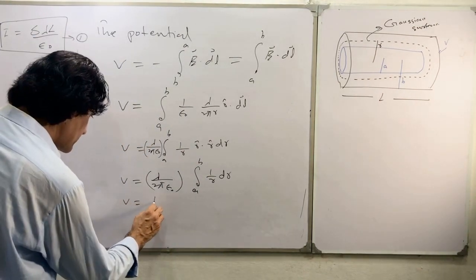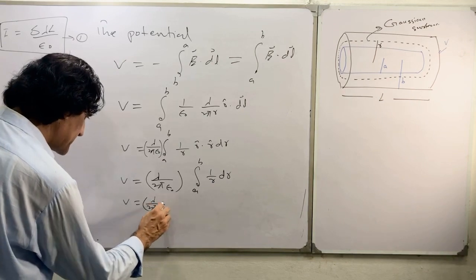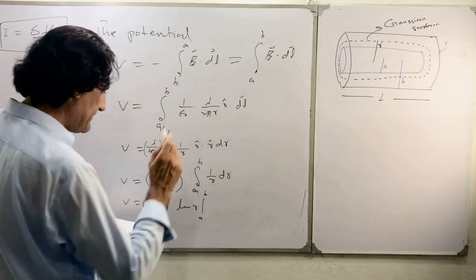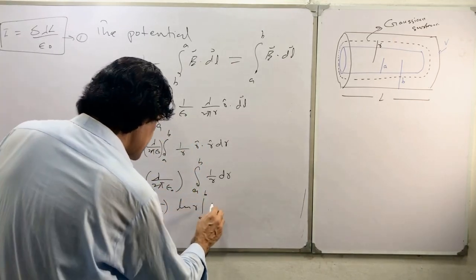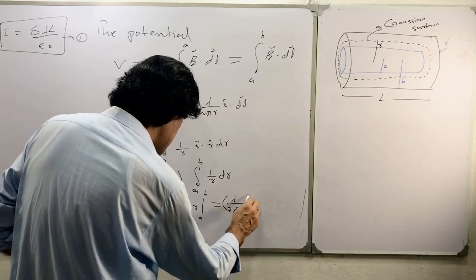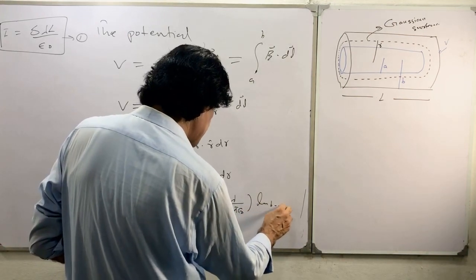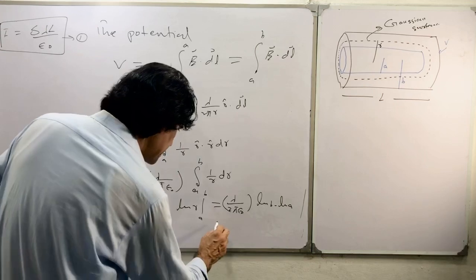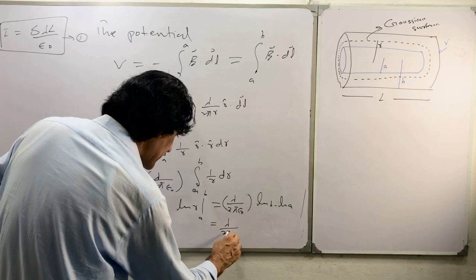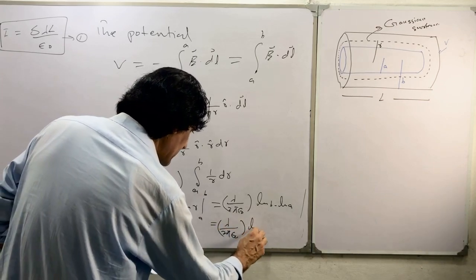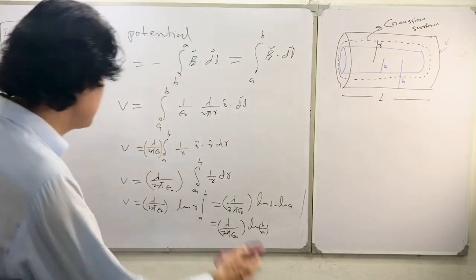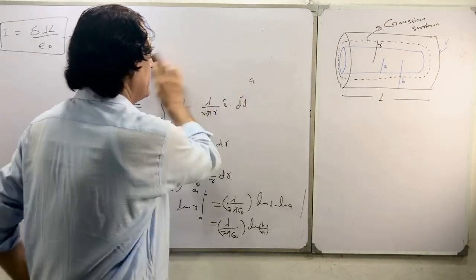Then V is equal to lambda divided by 2 pi epsilon naught, log of r from A to B. If we put in the values, then lambda divided by 2 pi epsilon naught, log of B minus log of A, and further we can write this as lambda over 2 pi epsilon naught, log of B divided by A. This is a conventional method that we can write like this.